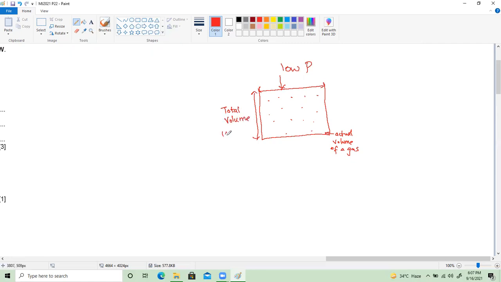So suppose the total volume is 100 dm cube, the actual volume that will be occupied by all these gas molecules in a highly compressed state is suppose just 0.01 dm cube. Now this quantity 0.01 is negligible as compared to 100.